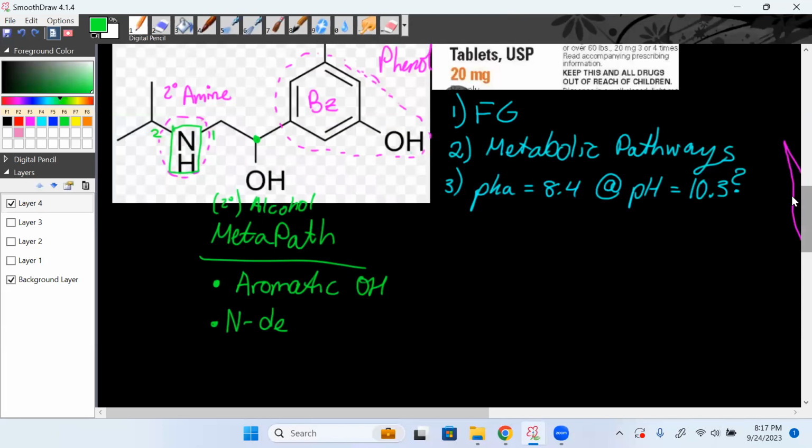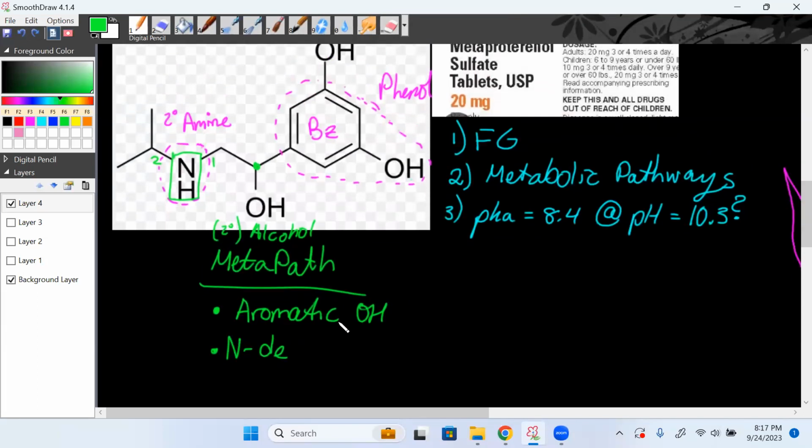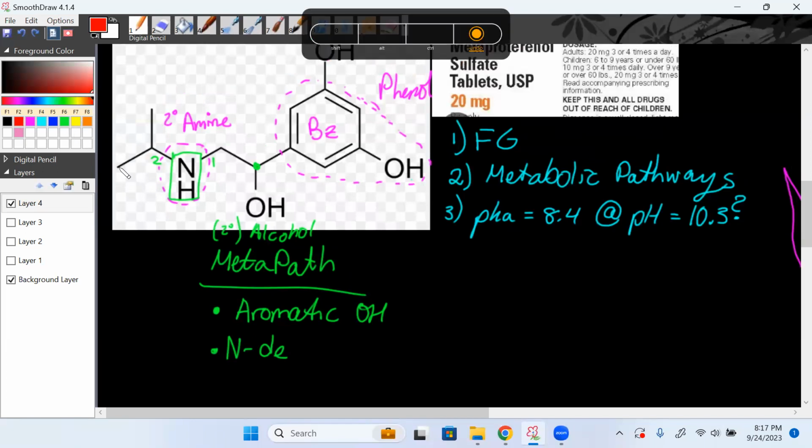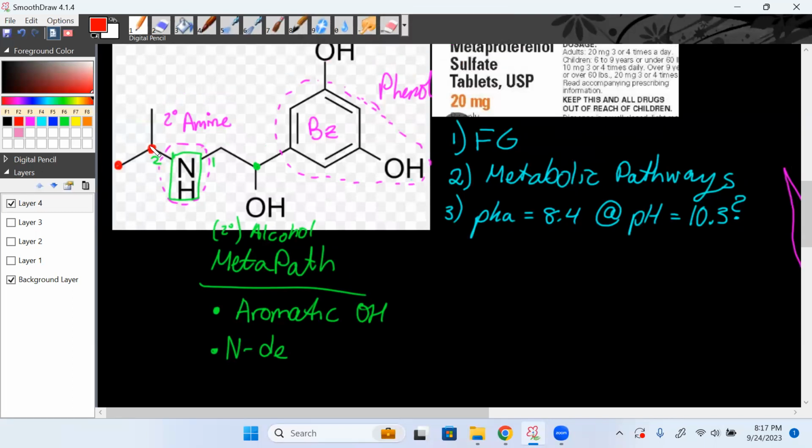We also have a dealkylation, specifically what kind of N-dealkylation? What group are we removing here? Isopropyl. Yeah, so we have 1, 2, 3 carbons here, and we're bonding into the middle carbon.